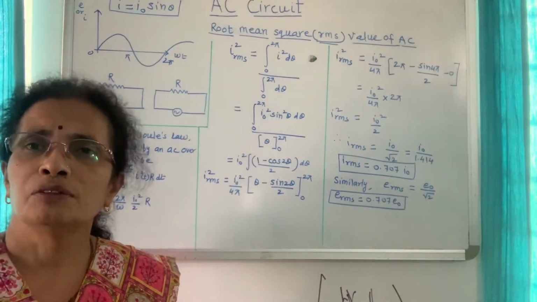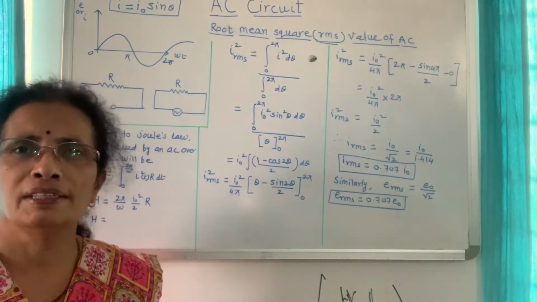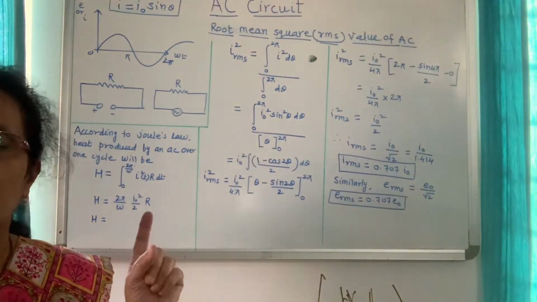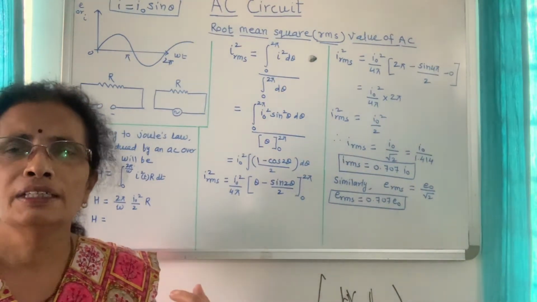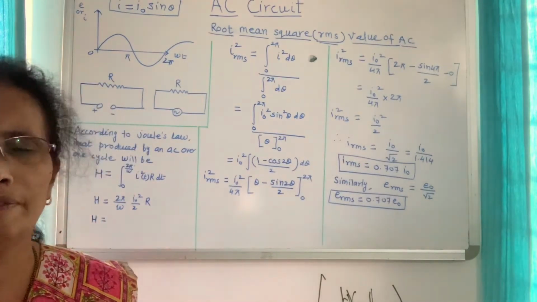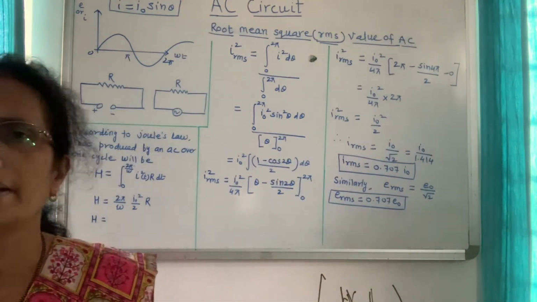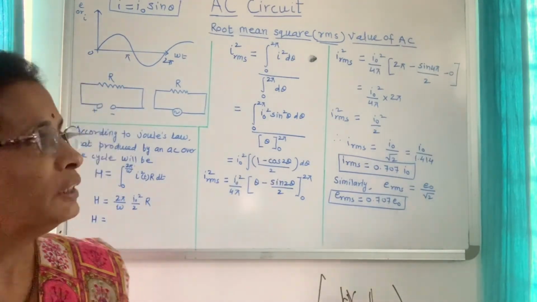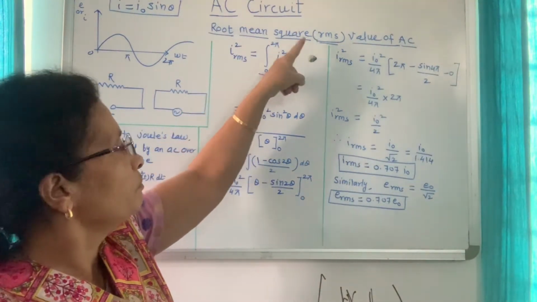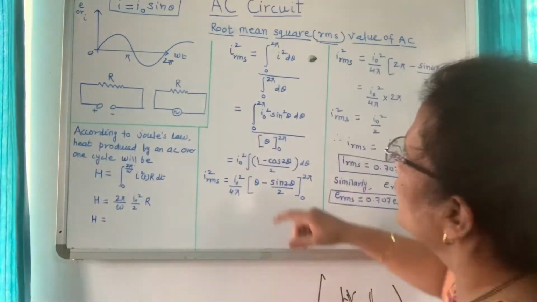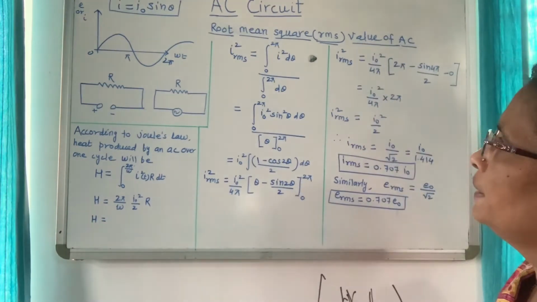Before this we were finding just the average value, but we could not find any reading if it is connected to a voltmeter or ammeter. So to measure this, you have to consider the RMS value and solve this mathematical portion.